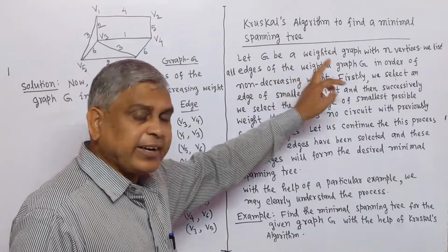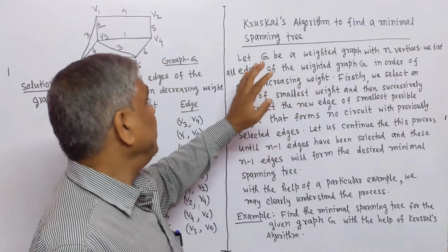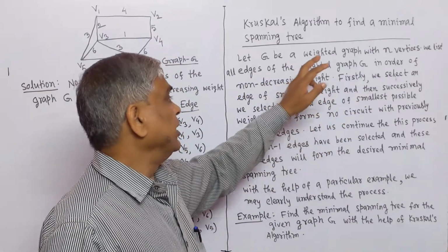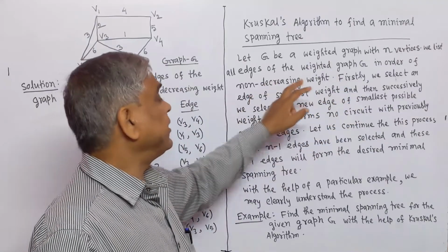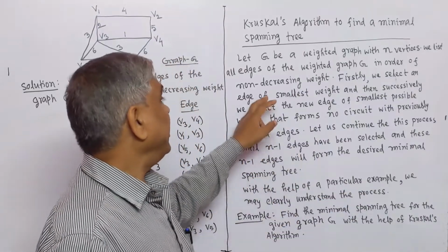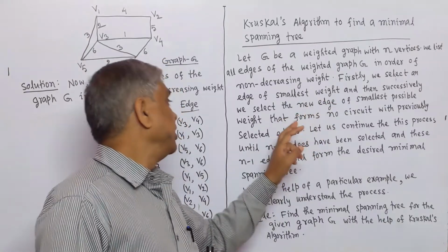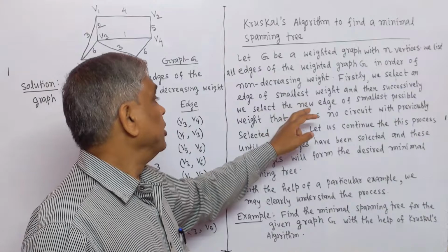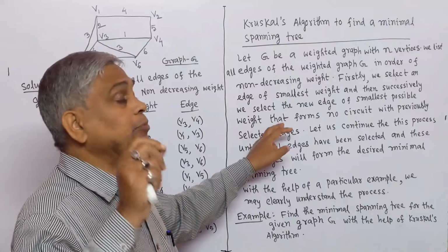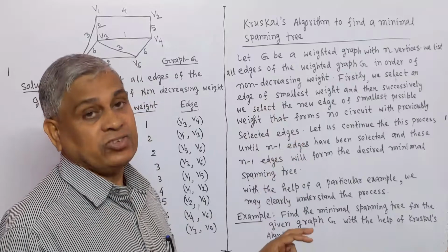Let G be a weighted graph with n vertices. We list all edges of the weighted graph in order of non-decreasing weight. Firstly, we select an edge of smallest weight, and then successively we select the new edge of the smallest possible weight that forms no circuit with previously selected edges.